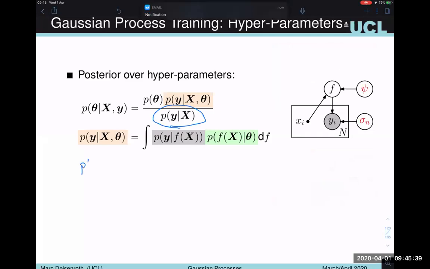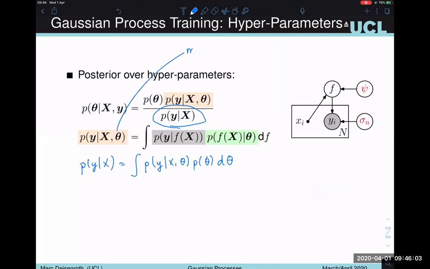P of y given x is the integral of P of y given x and theta times P of theta d theta. So this is also some form of marginalization, but this term here is still the marginal likelihood.